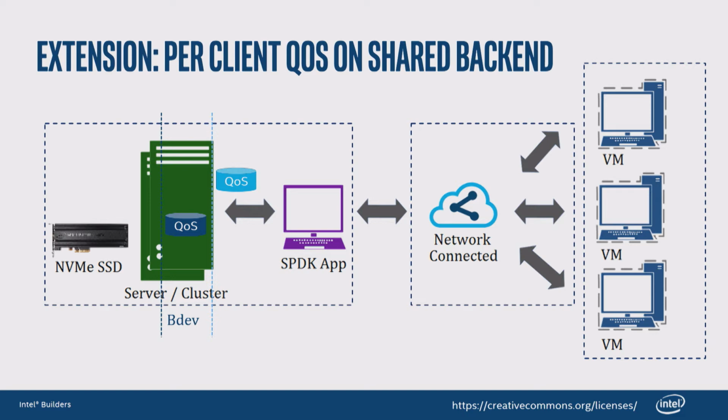And as mentioned, QoS is implemented on the common vBdev layer, and the virtual vBdev is also a vBdev. So what we do on the base vBdev for the QoS can also be achieved on the virtual vBdev.